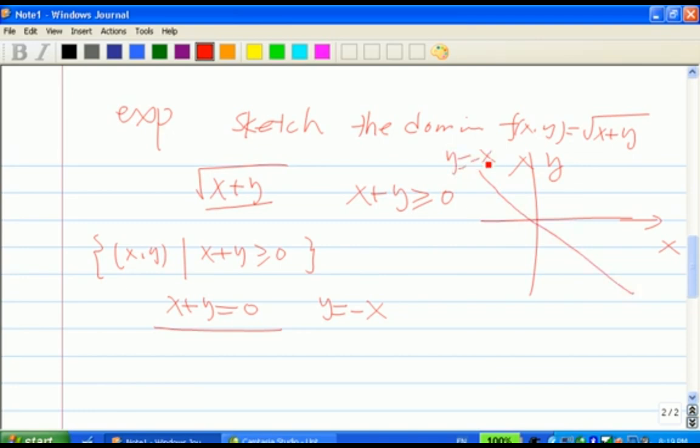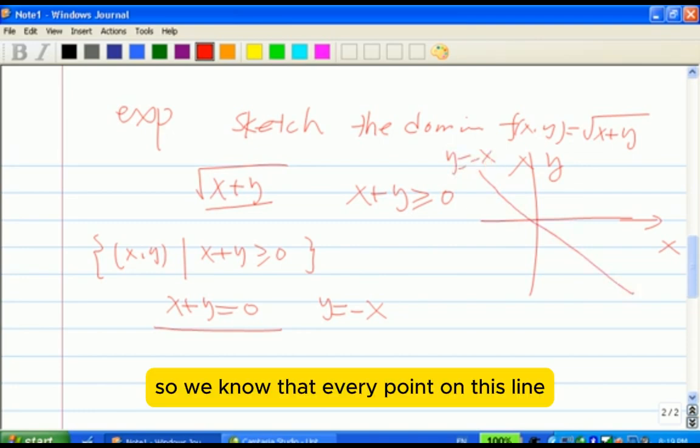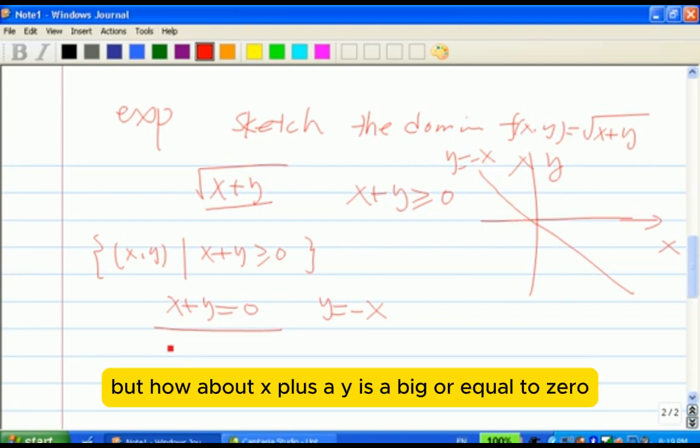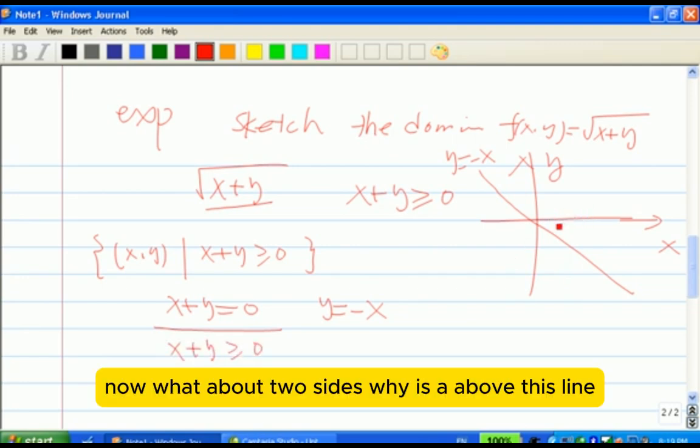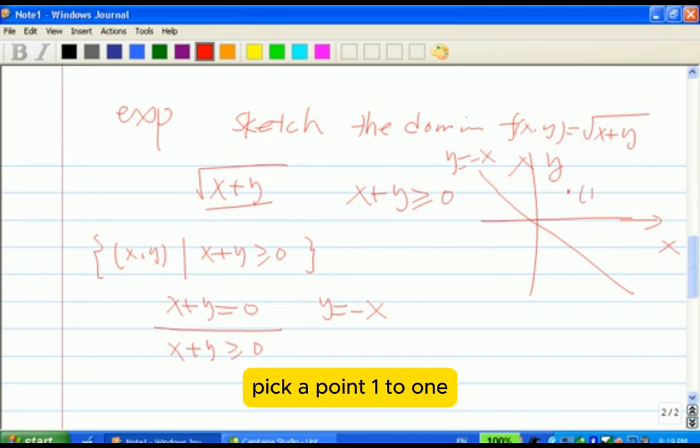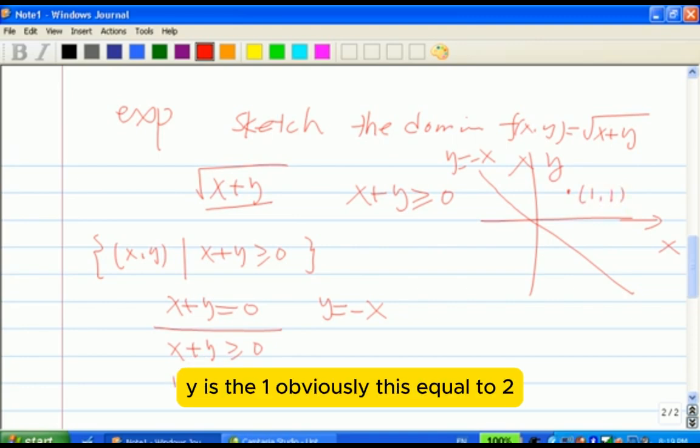Okay. Now, we know that every point on this line will be in your domain. But how about x plus y bigger or equal to 0? Now, we have two sides. One is above this line, one is below. Now, you just need to check one point. For example, we pick the point (1,1). You plug in there, x is 1, y is 1.